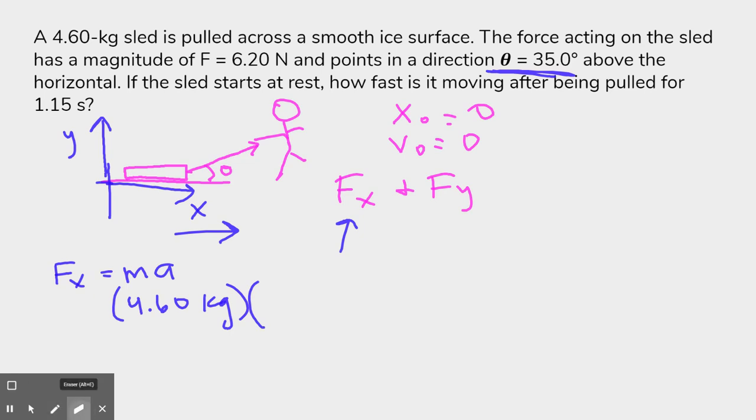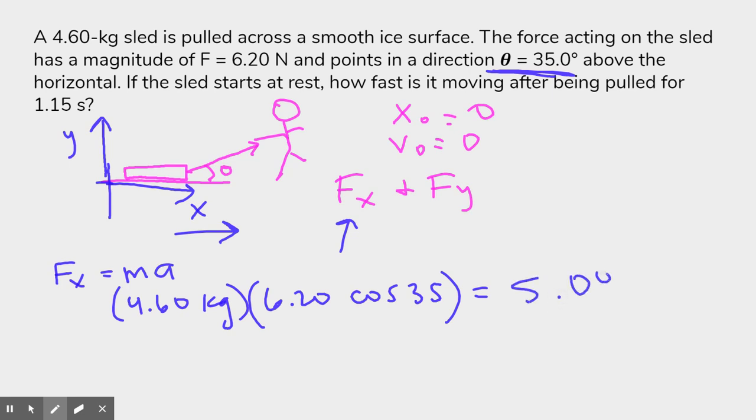Okay, so we'll use the magnitude of the force multiplied, so it's going to be 6.20 times the cosine of 35, and that will tell us the x direction only. When you solve for this, you should find that the force in the x direction is equal to 5.08 newtons.